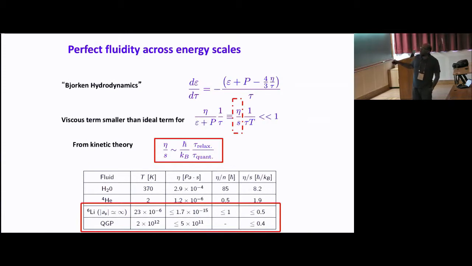Because that would imply that the relaxation time of a shear is less than the intrinsic quantum scale in the fluid. Now, that's very surprising also from the point of view of thinking about matter in terms of billiard balls, right? If you think about the pressure in this room or the entropy density in this room, it's a collection of molecules just scattering, and it's your average velocities that give you the temperature and the thermodynamic properties that you see.